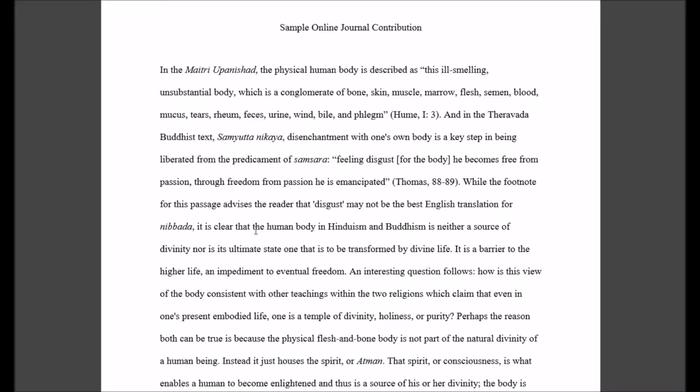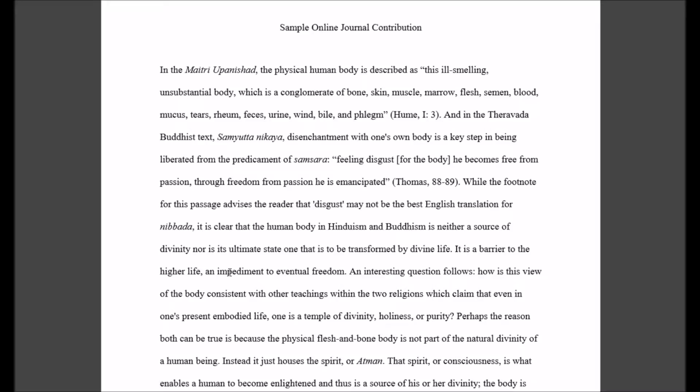So the physical human body is not divine, nor is its ultimate state, the pronoun its refers to the body, nor is its ultimate state one that is to be transformed by divine life. So that is a little more complicated, but the idea there is pretty clear. It is that the body's ultimate state, in other words, what is it becoming in the process of this freedom from passion, of this process of liberation?